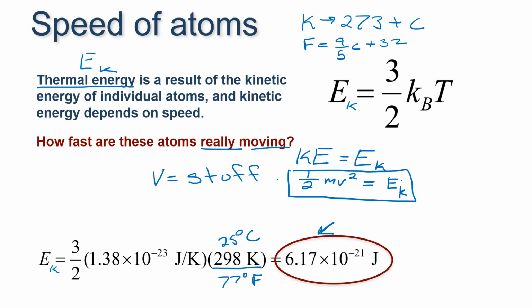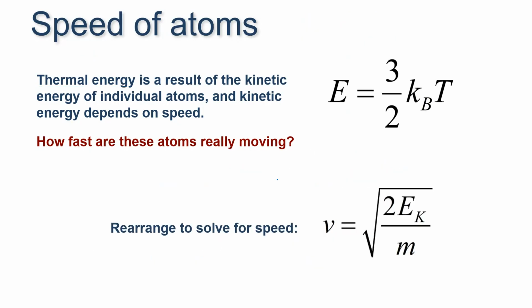So does everybody have this written down? I can move on to the next slide. So if I do the algebra, I end up with this equation, okay? So if I rearrange that for speed, I end up with the velocity is equal to the square root of 2 times this energy divided by the mass of the object, okay?